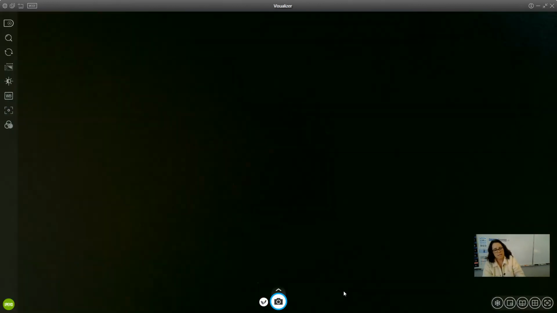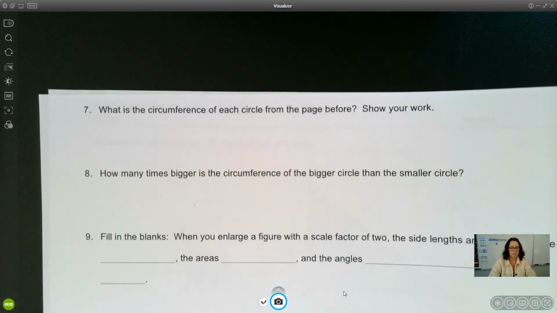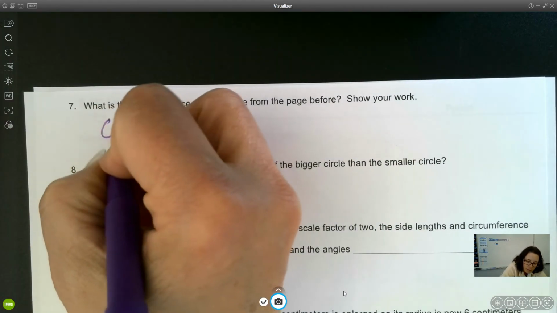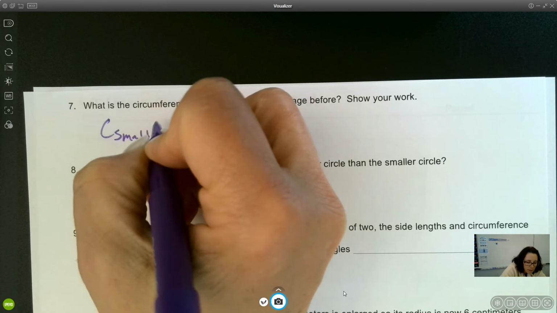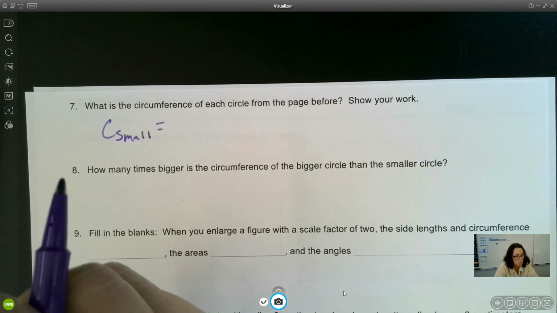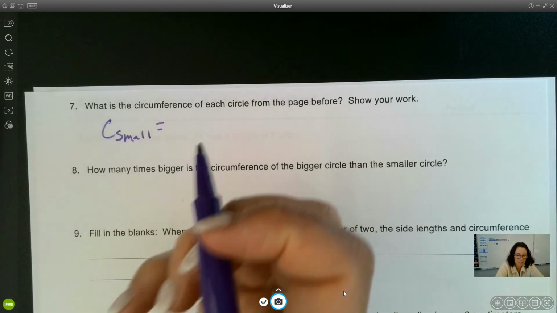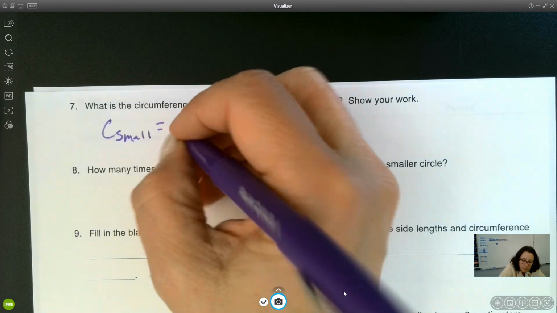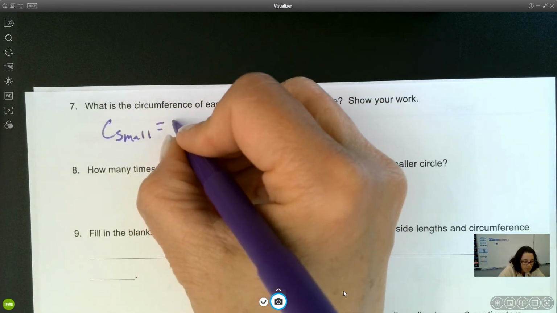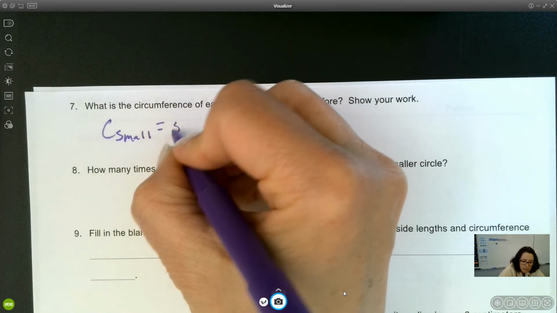All right, next page. What is the circumference of each circle from the previous page? Circumference of the small is going to be pi times d. So we're going to pop in a 5 for the d.